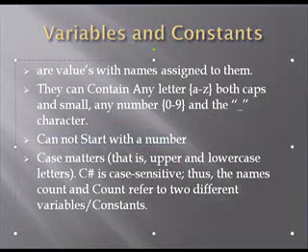They cannot start with a number. And in C#, case matters, that is uppercase and lowercase. So the names count in all small letters and Count with a capital C both refer to two different variables or constants.